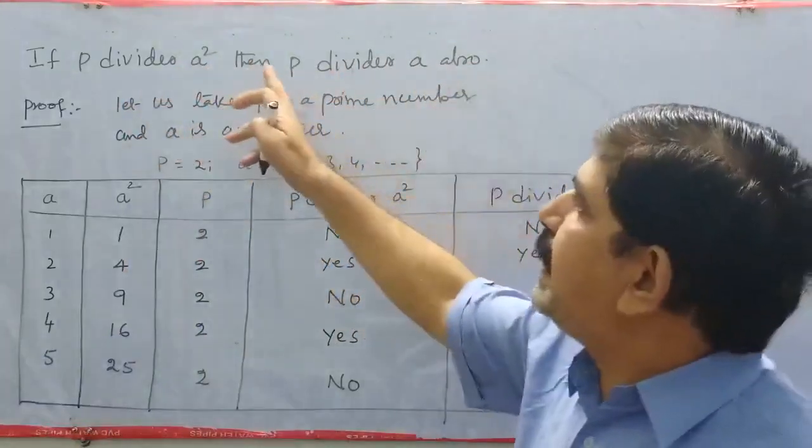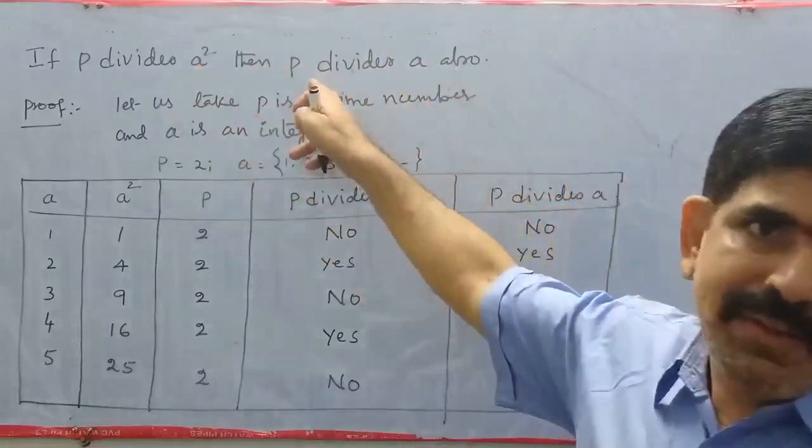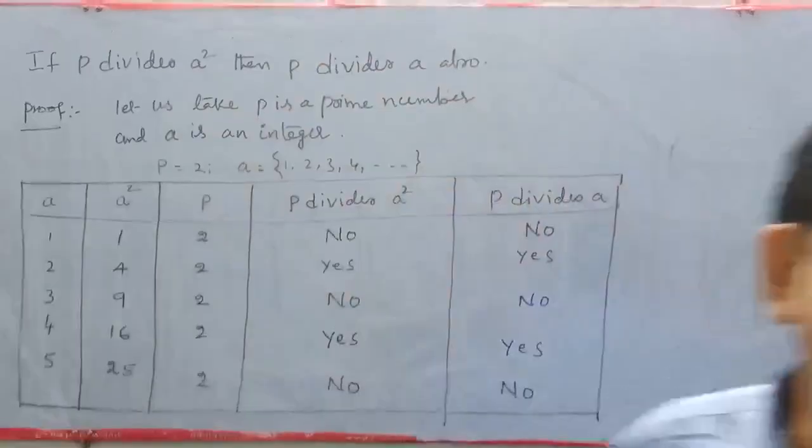If P does not divide A square, then it does not divide A. Understood, children?